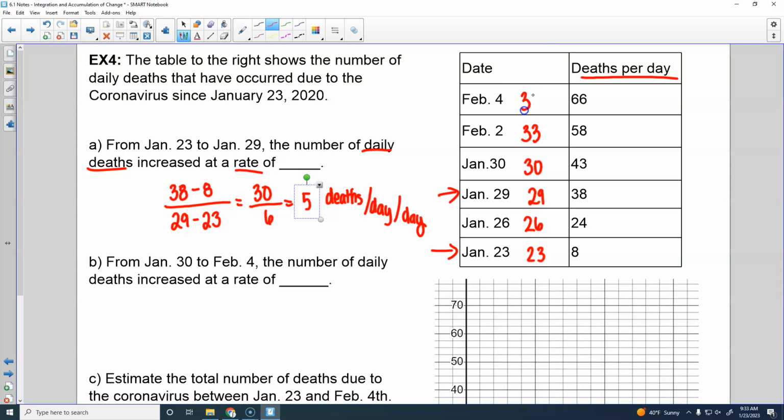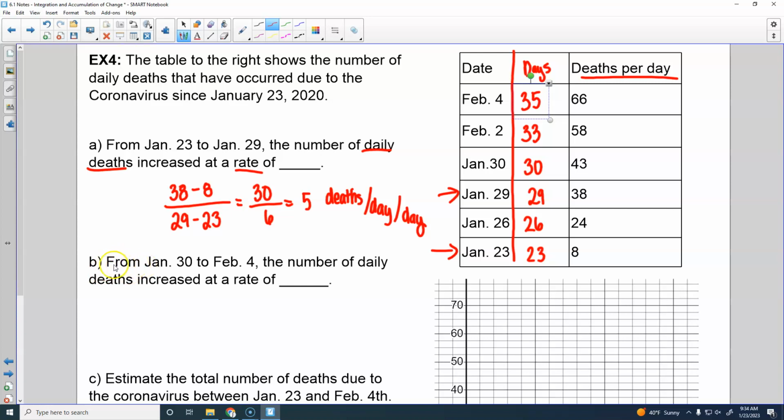This would be 35. So let's use days. So at this point, it's going up about 5 deaths per day per day. So we're increasing here by that amount.